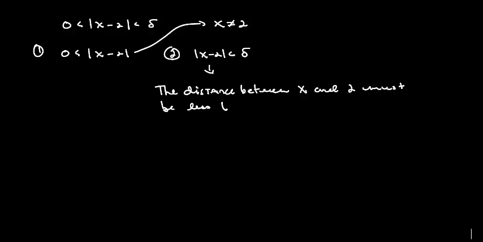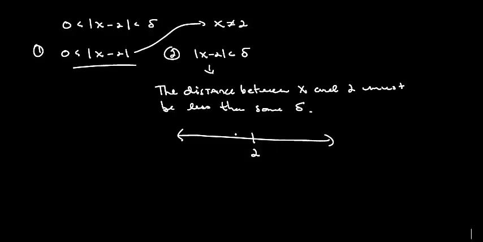Well, what does that look like? Well, here's the number 2. We know that x can't be equal to 2 because of the first part. So x must be somewhere, maybe out here, or maybe over here. What we do know is that the distance between x and 2 must be less than some delta.